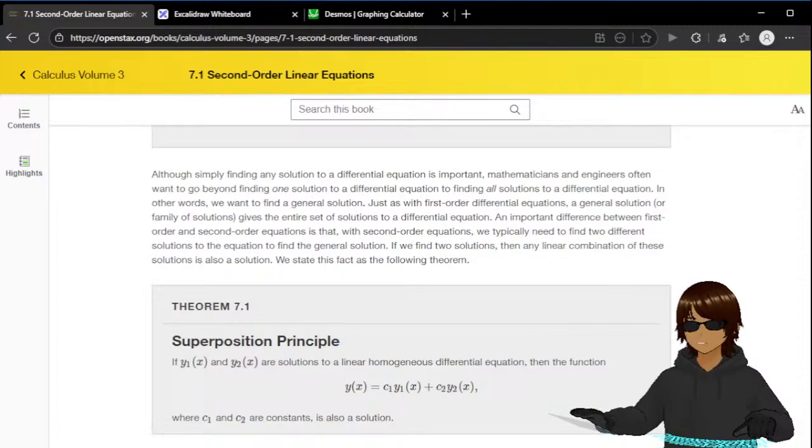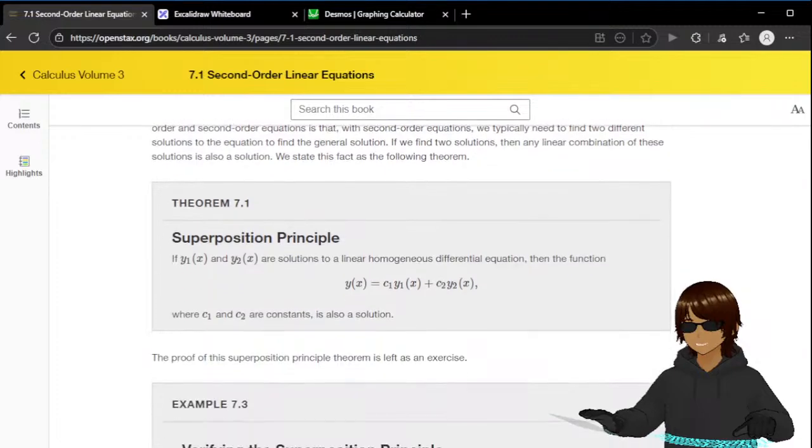An important difference between first order and second order equations is that for second order equations, we typically need to find two different solutions to find the general solution. If we find two solutions, then any linear combination of these solutions is also a solution. We state this fact as the following theorem.